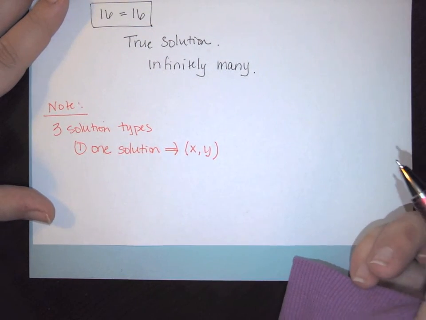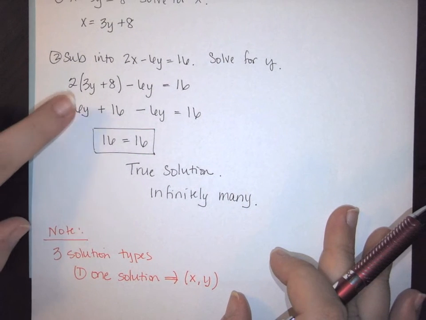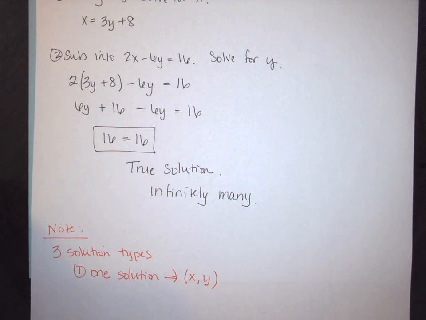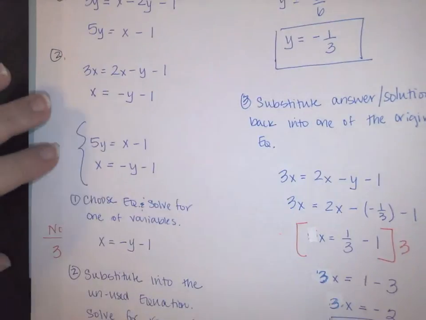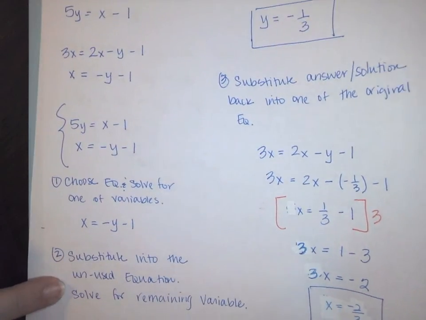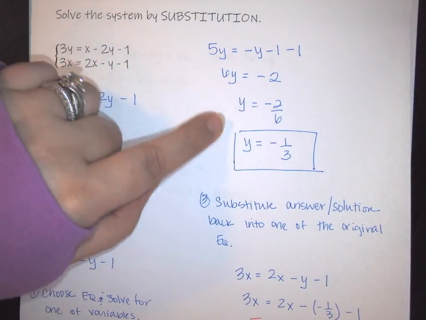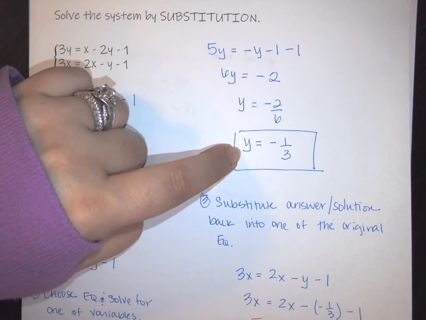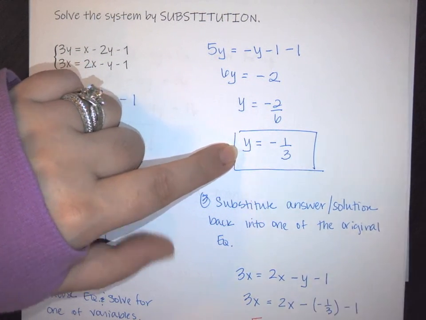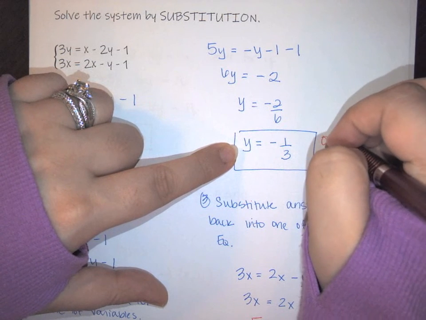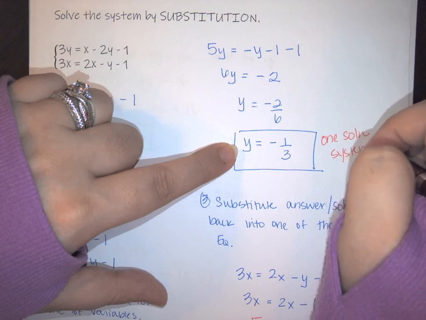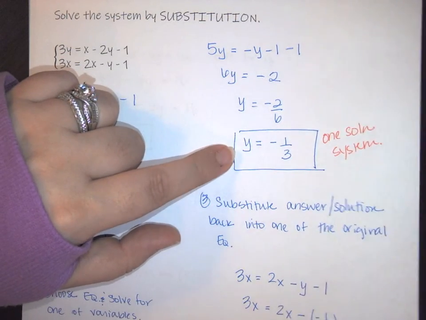So what that means is that during this substitution process, in this second step, we would have found a variable. Kind of like in this first example here. If we looked at the second step, which is to substitute, notice we found y equals an actual value. So this automatically dictates that this was a one solution system. Okay, because we found this y value.